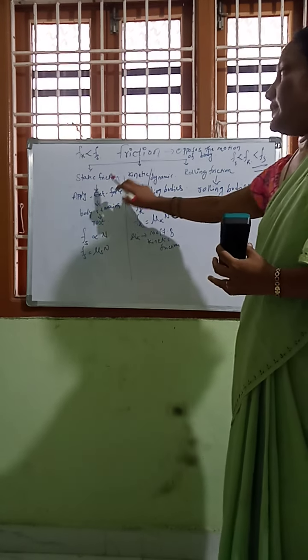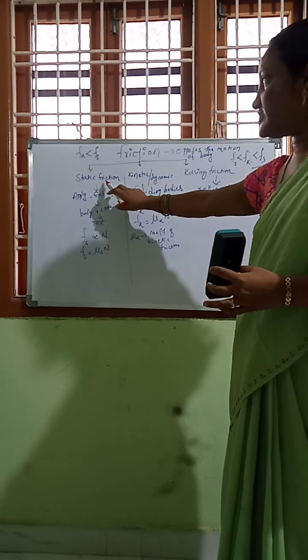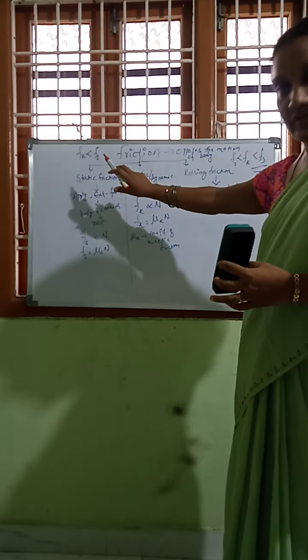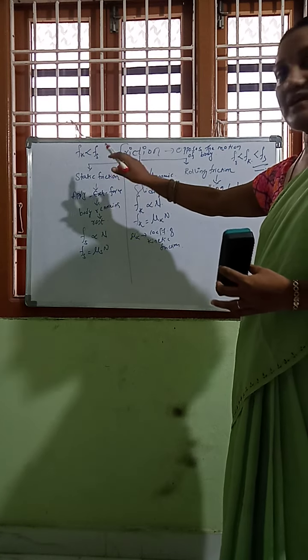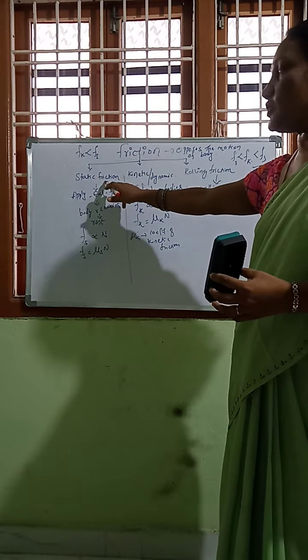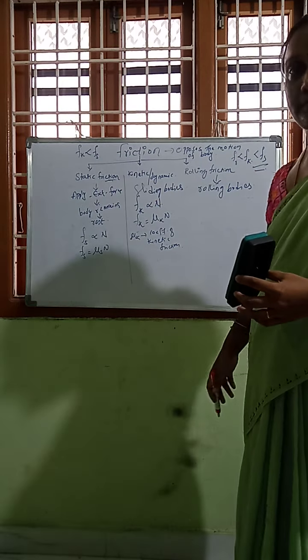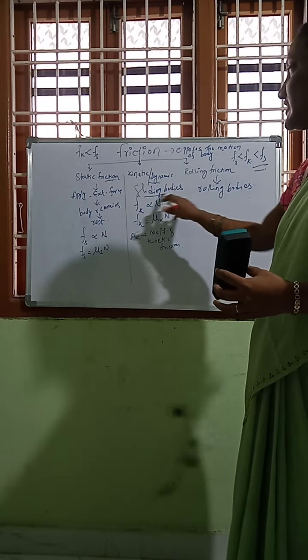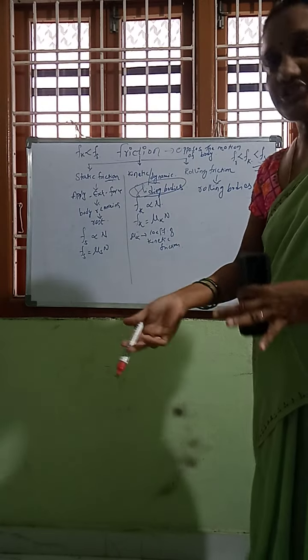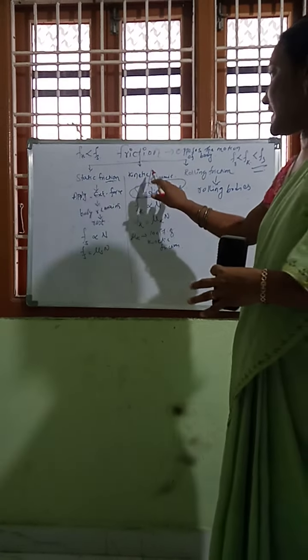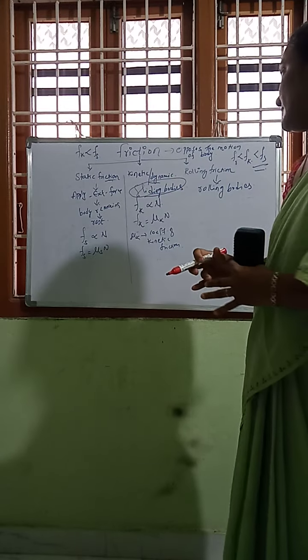So if the body remains in the rest position even when we apply the external force, we call it static friction. The resistance encountered by the sliding bodies, or bodies in motion, we call kinetic or dynamic friction.